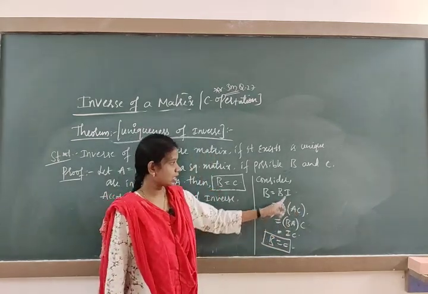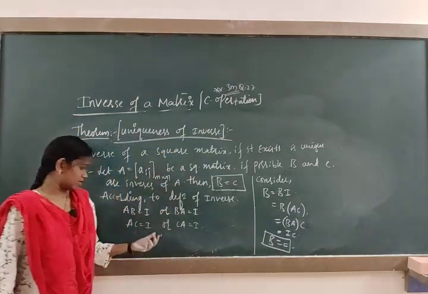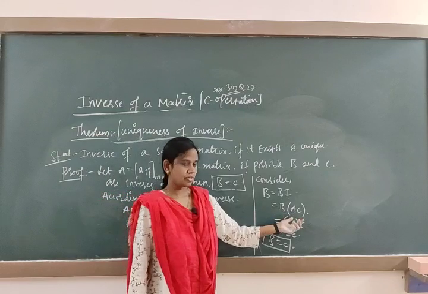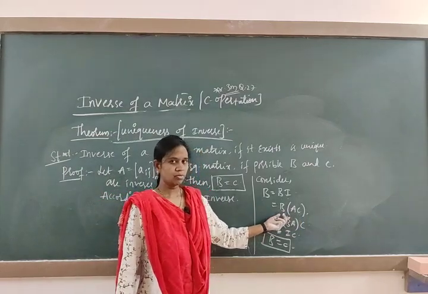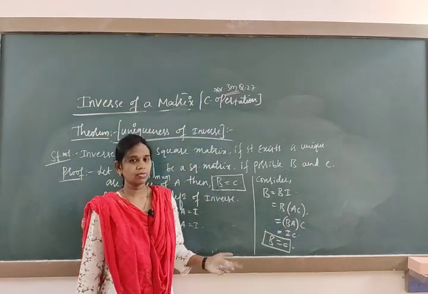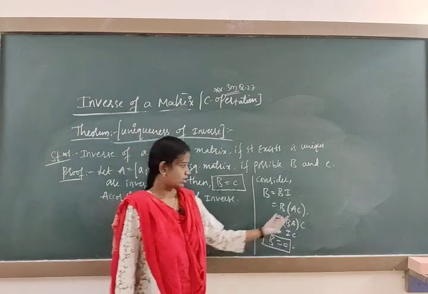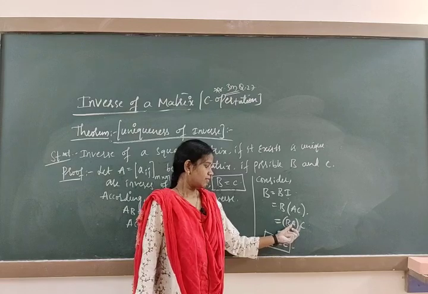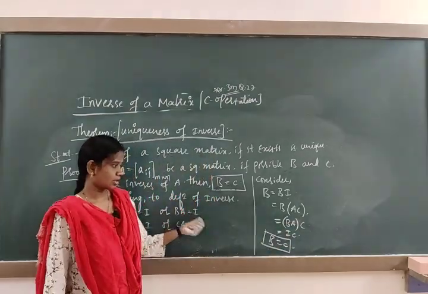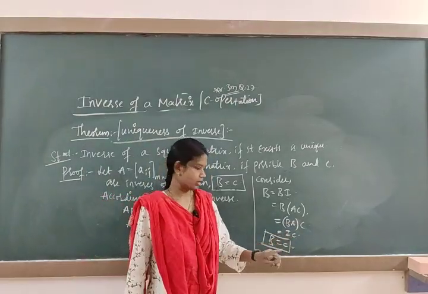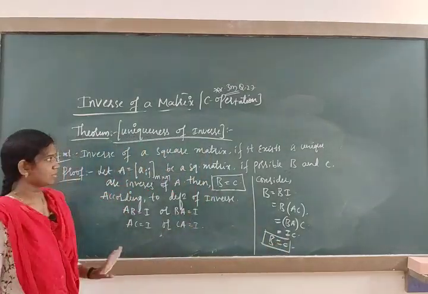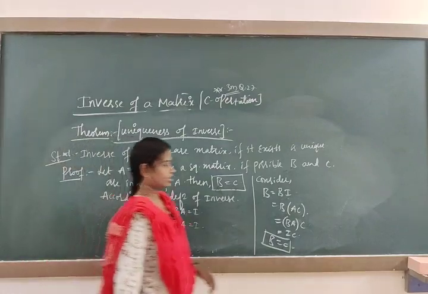Write B as it is. For the I value you choose either AC or CA and substitute here. It is associative. Matrix multiplication is associative, which we have also seen in the problems. Interchange the brackets: it is BA into C. The BA value is I, so I into C. I means 1. 1 into C means C. Therefore B equal to C. Next, we will take the last theorem.